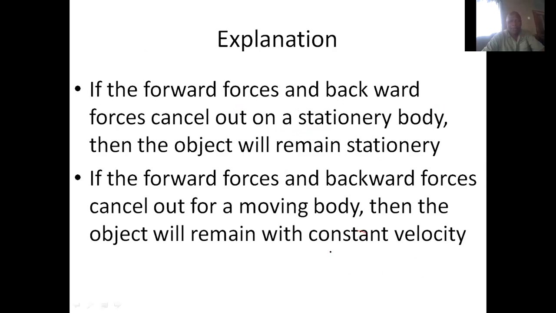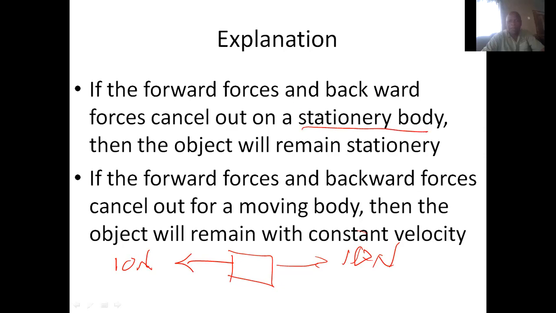In other words, what we are saying is that if the forward force is 10 newtons and the backward force is 10 newtons, it means that this object will remain stationary because the forces cancel out.